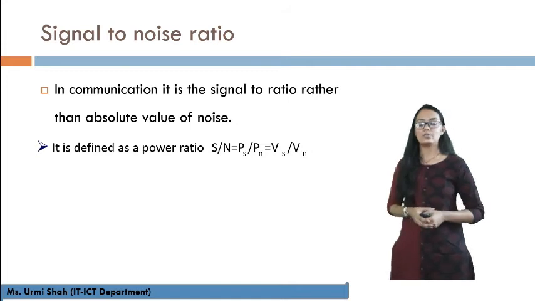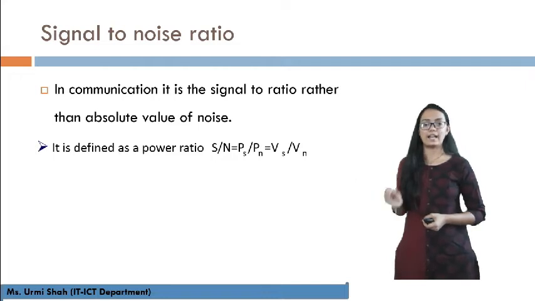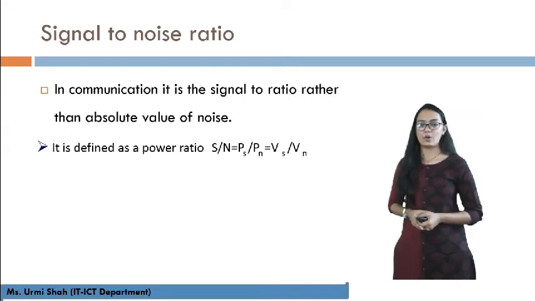So ideally signal to noise ratio should be 1, which indicates that whenever we are transmitting any signal from transmitter end to receiver end, there is no noise introduced in that channel, and ideally that signal which was transmitted is received originally at the receiver end. So SNR ideally should be 1, but generally it is always less than 1 due to introduction of noise in every communication system. So it is formulated as the ratio of signal power upon noise power.